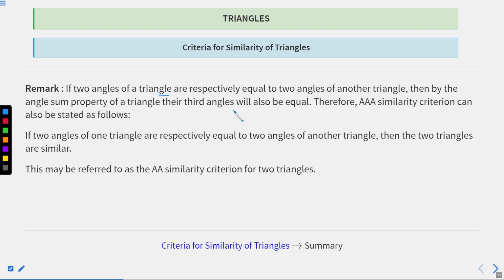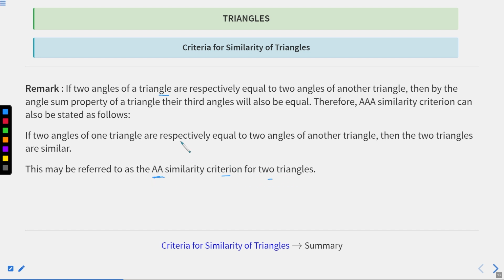Therefore, the angle similarity criterion can also be stated as follows: if two angles of one triangle are respectively equal to two angles of another triangle, then the two triangles are similar. So this is also a criterion of similarity of two triangles. This may be referred to as the AA similarity criterion for two triangles.